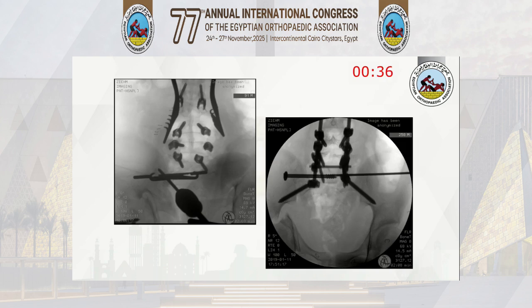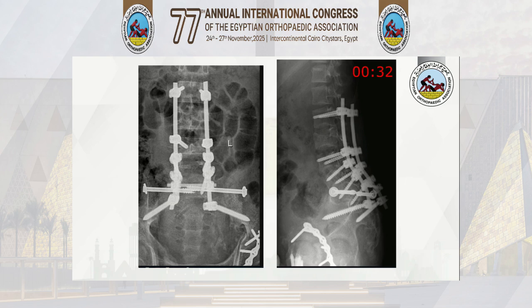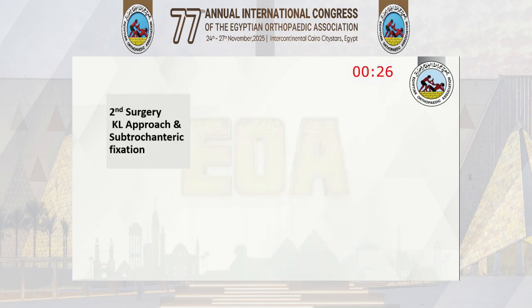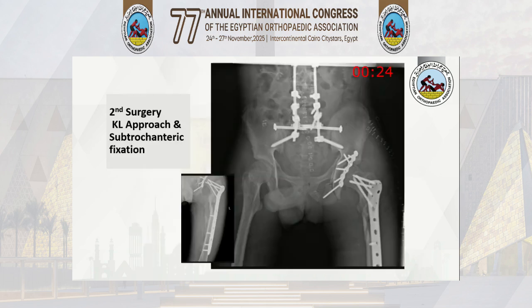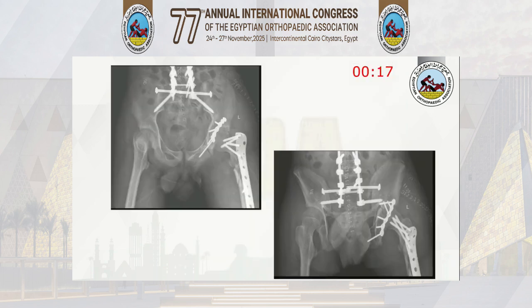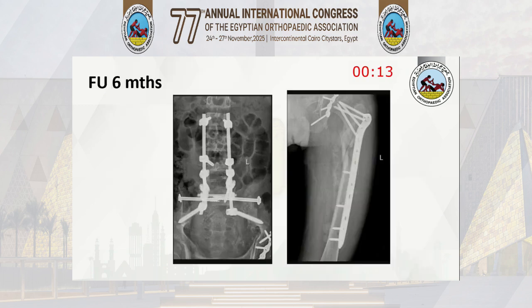Here also we had to go with long fixations. We went with a triangular fixation with the iliosacral screws and stability of the spine. And then subsequently, we also had to do acetabulum fixation along with the subtrochanteric fixation. This is what it looked like finally, after 6 months when things had united.